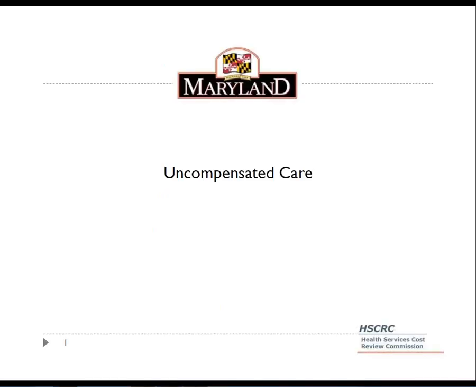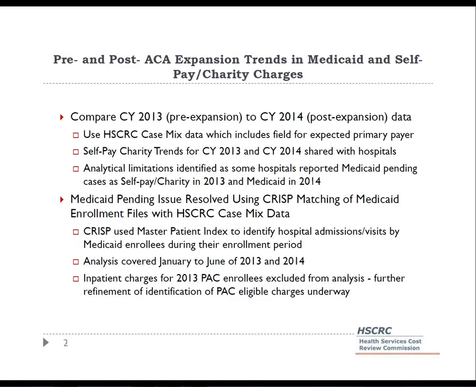Next topic is uncompensated care, which is a significant component of filling in the rest of the balanced update. So over the last couple of months, the Commission staff have really been focused on trying to understand the impact of the Affordable Care Act on what's going on with uncompensated care.